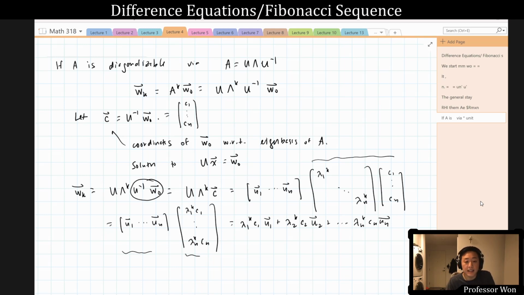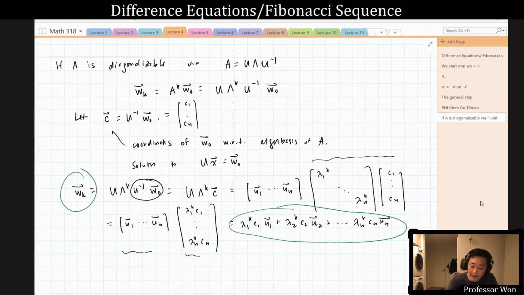And what this is saying is that the kth state is given by an easily computable linear combination of the eigenvectors of A.